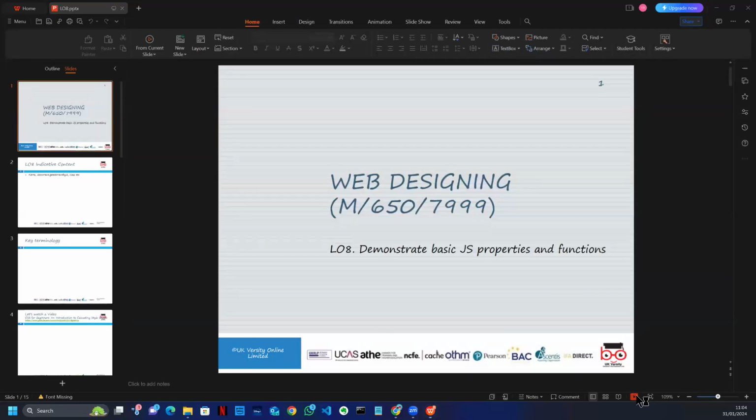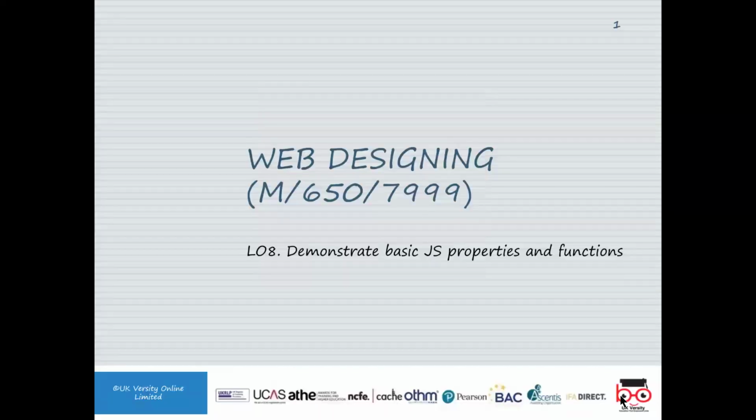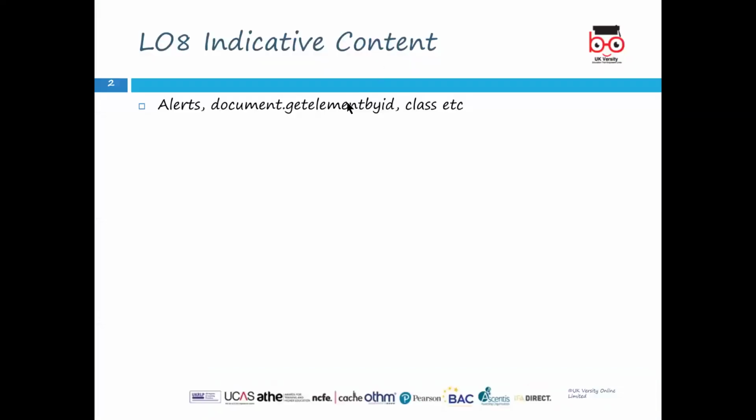Welcome to our learning outcome 8, where we're going to demonstrate the basic JavaScript properties and functions. We're going to create external files, and we're going to look into JavaScript concepts such as variables, objects, functions, and so on.